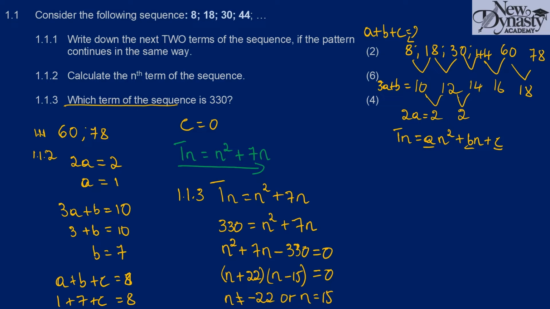So the negative value is not going to be valid, and the only answer that is valid is 15. Therefore you say n is equal to 15, and it is so imperative for you to make this conclusion, because only one of these values is valid, and that's how you answer that question.